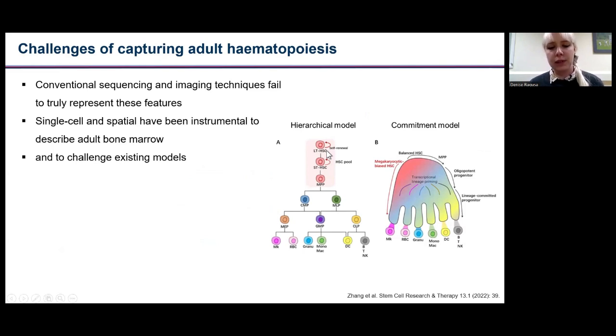Through single-cell analysis of these populations, trajectories and cellular identities, we now understand that the hierarchical model doesn't really apply anymore, and the system is a lot more dynamic than we previously understood. In fact, the newest model is a commitment model, where different fates are decided in a system that is not hierarchical anymore, but more of a cascade of cellular identities and eventually what fate these cells will take.